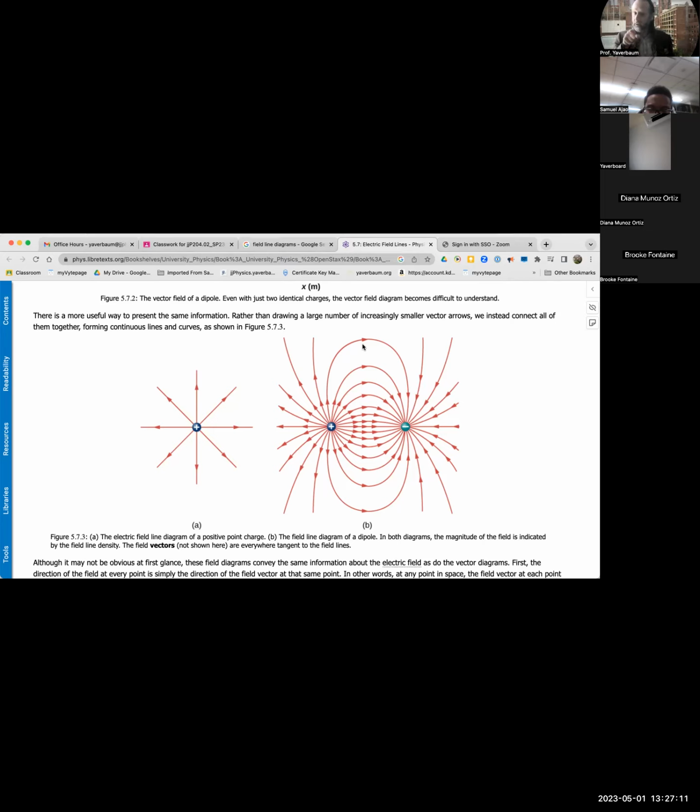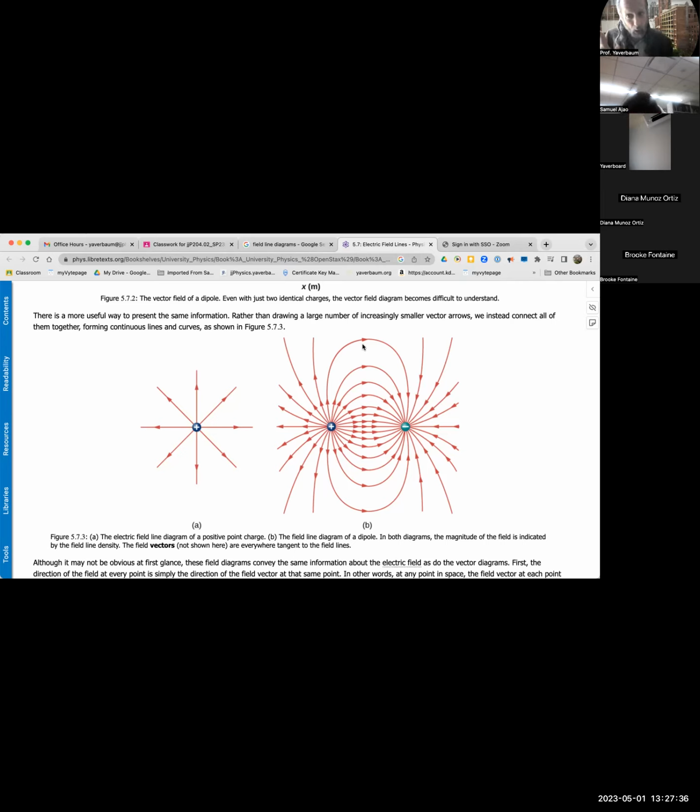So the positive right at that location is depositing a little vector that's pointing up and to the right along the radial line connecting location P to point source Q. So there'd be a little arrow there pointing up and to the right due to the plus. Then there would also be an arrow.